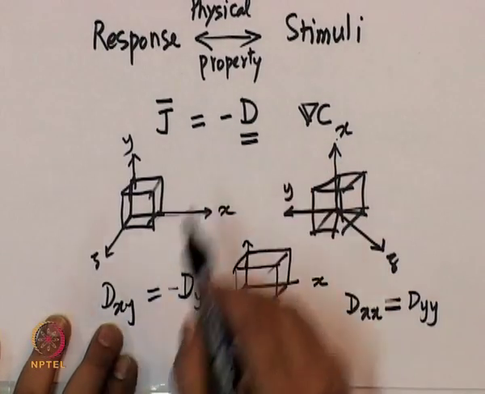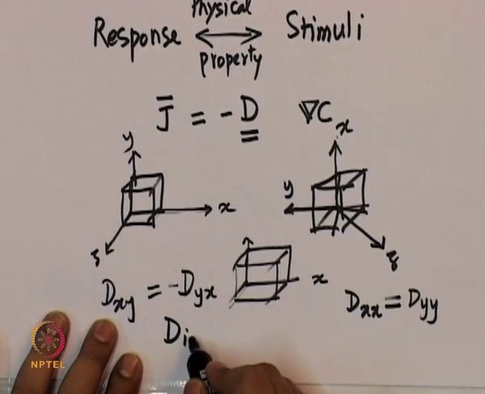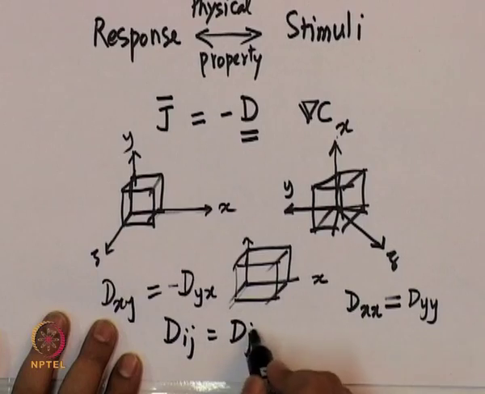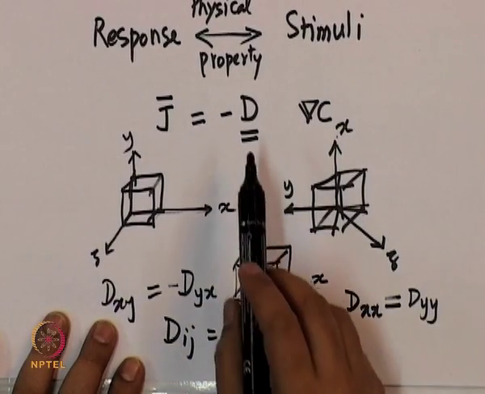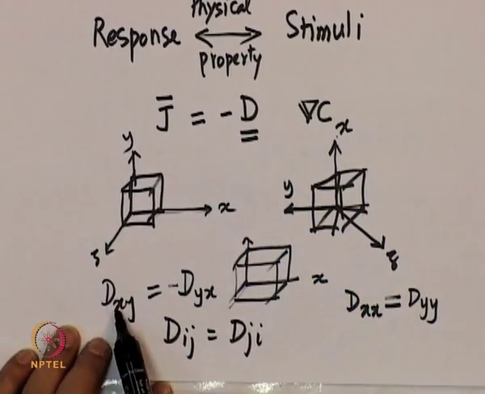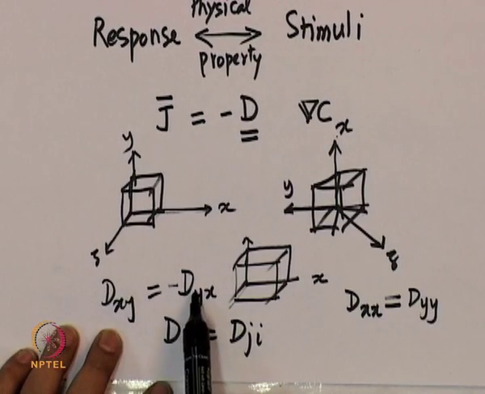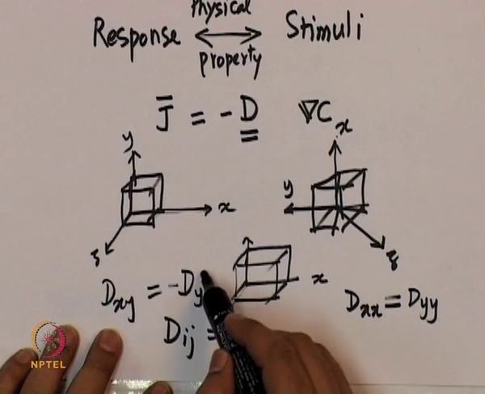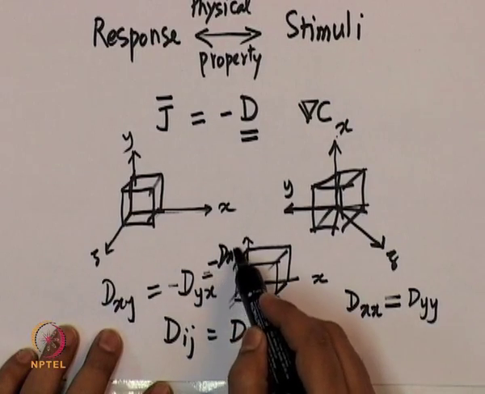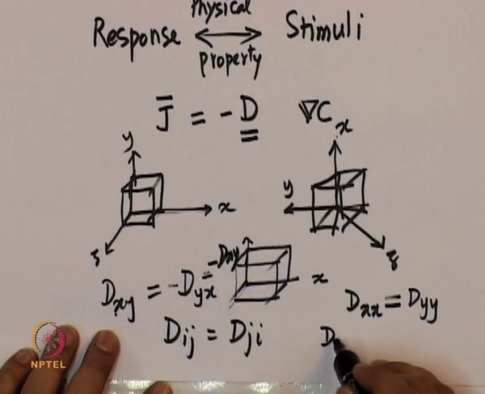If suppose D is a symmetric tensor, how did we define symmetric tensor? A second ranked symmetric tensor is Dij is equal to Dji. If diffusivity is a second ranked tensor and it is a symmetric second ranked tensor, then dxy should be equal to dyx, so by symmetry then this is minus dxy. So, dxy cannot be equal to minus dxy. So, that means dxy is equal to 0.